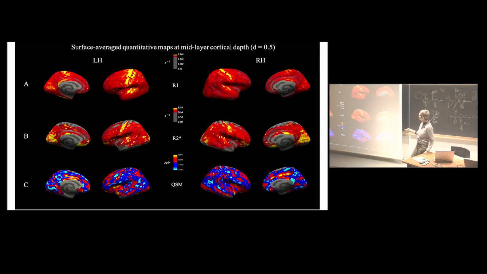You see there are some issues here because some parts of the brain were actually missing for R2 star and QSM. You can recognize the typical myelin pattern very clearly in the R1 mapping, but also a little bit in the R2 star mapping. The QSM, which separates contributions known to come from myelin and from iron, looks a bit more wild.